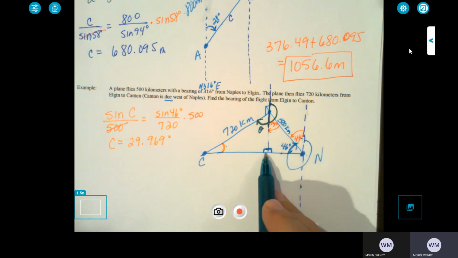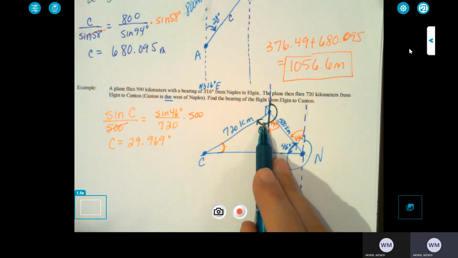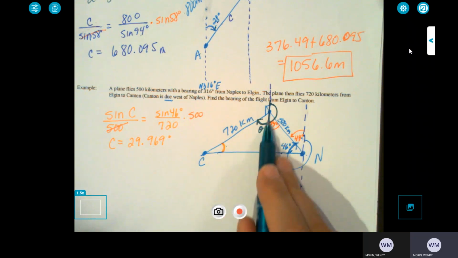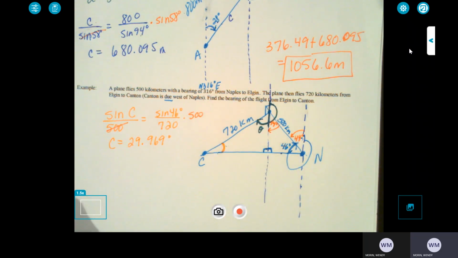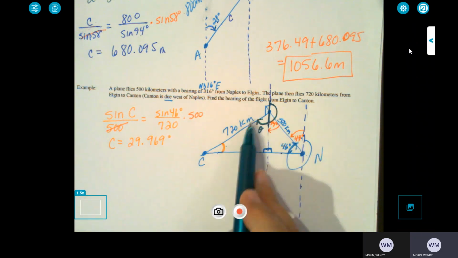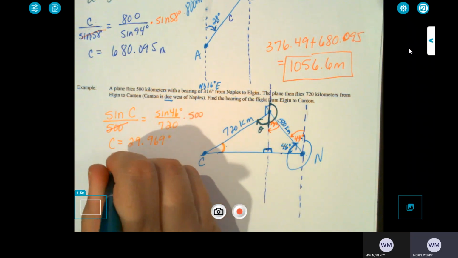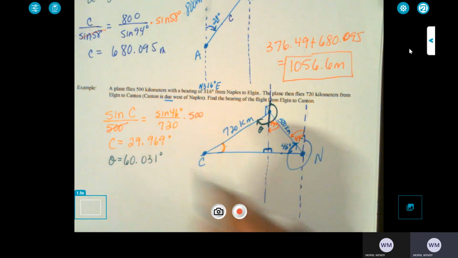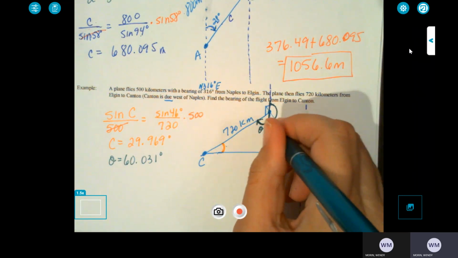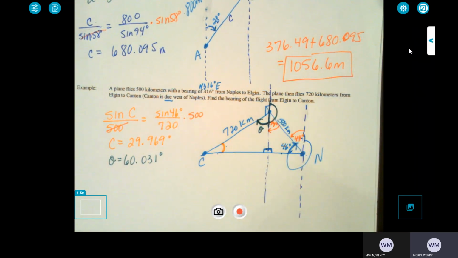In this little right triangle here, these two have to total 90. So if I take my 90 and subtract my 29.969, this little theta right here, I called angle theta, is 60.031 degrees.